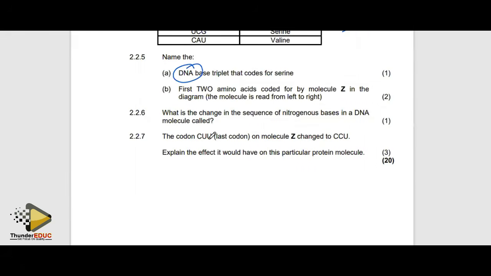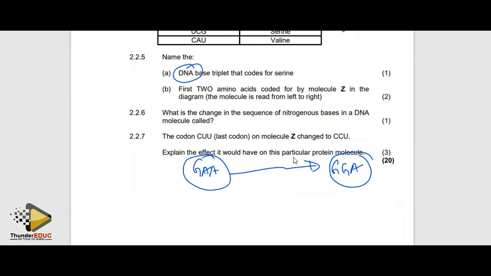Now we are saying CUA, we are saying codon, so we have to change it into anticodons. So this one is going to be GAA, and then this one is going to be GGA. If this codes for the same amino acid as this, there will be no change in the protein.